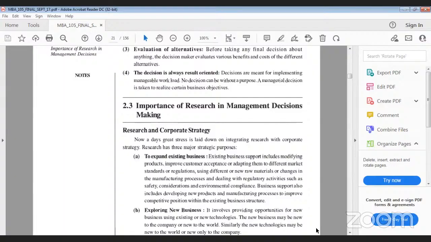Business support also includes developing new products and manufacturing processes to improve competitive position within the existing business structure.